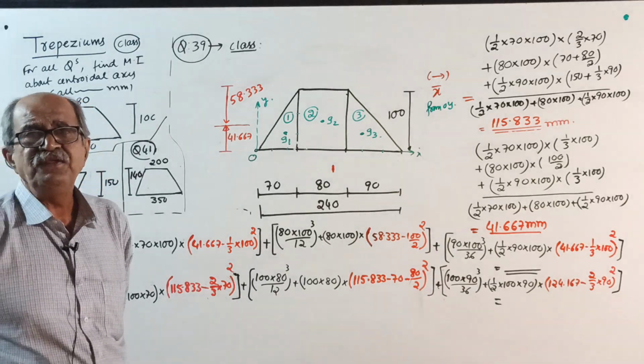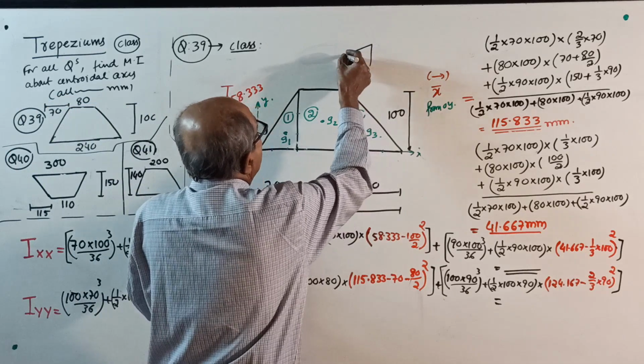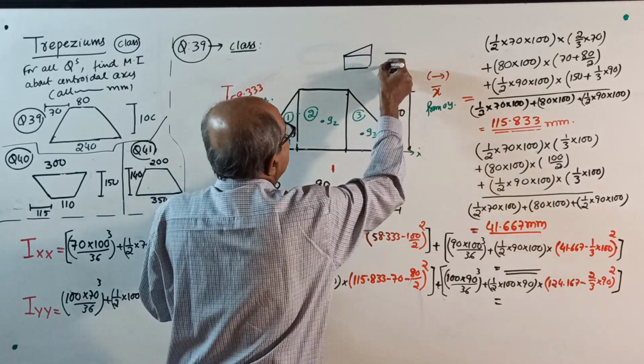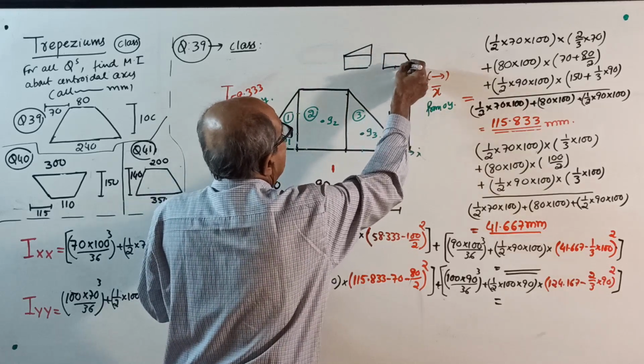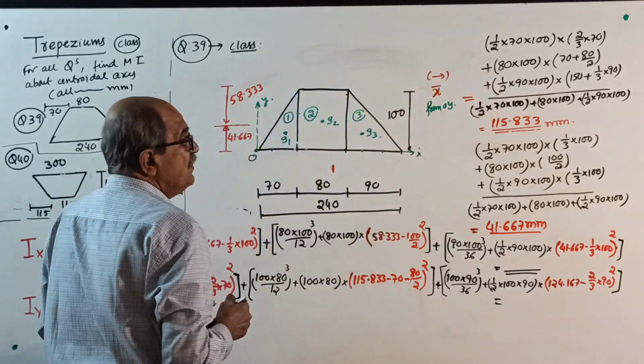But if offset is on only one side, then just rectangle, triangle. So compared to this question, it is much easier.